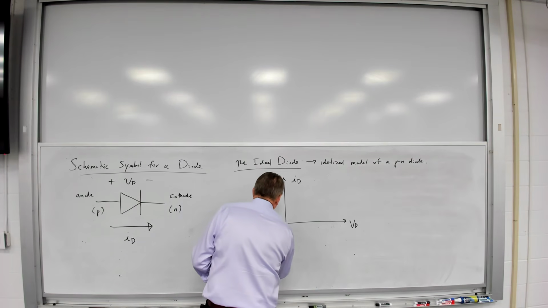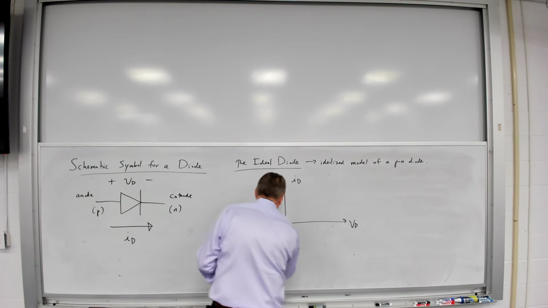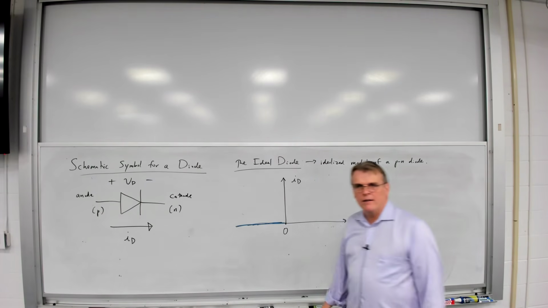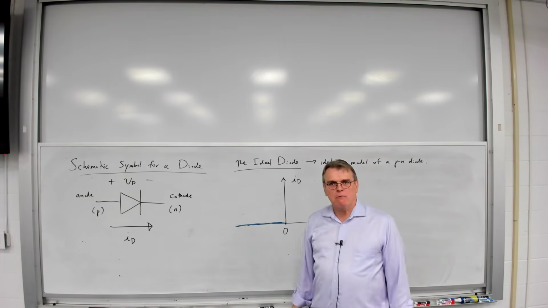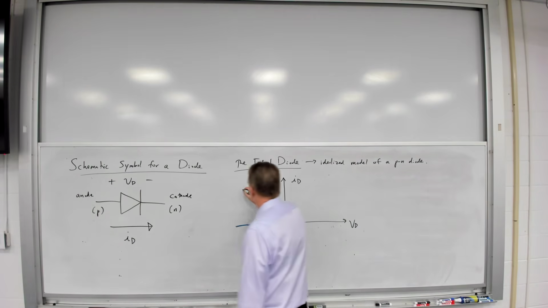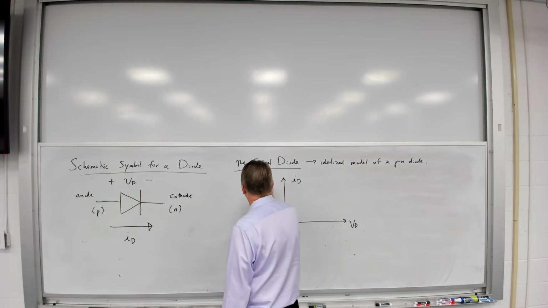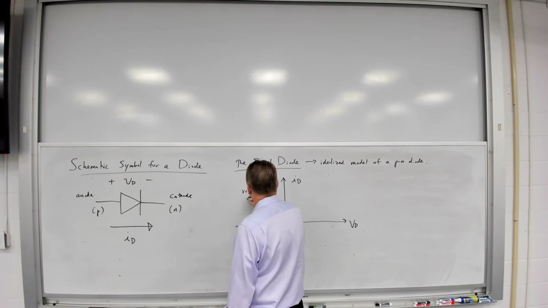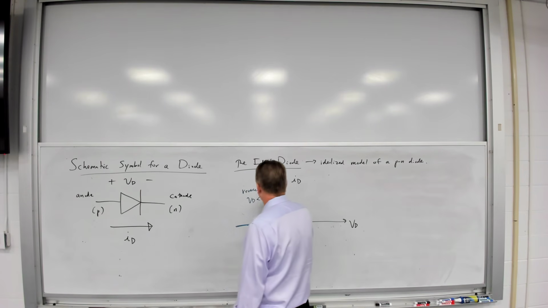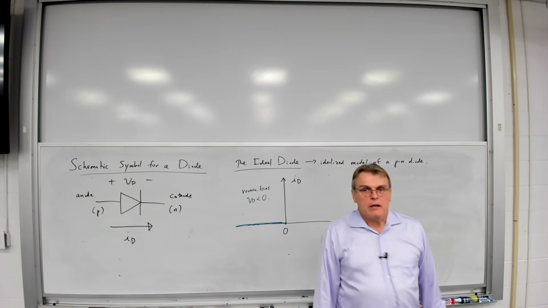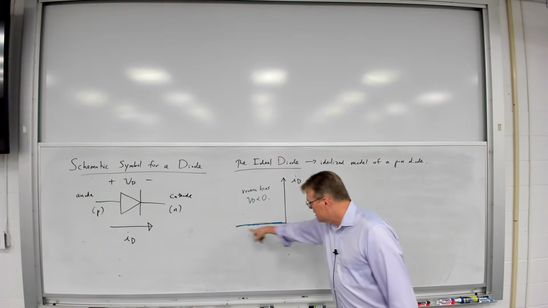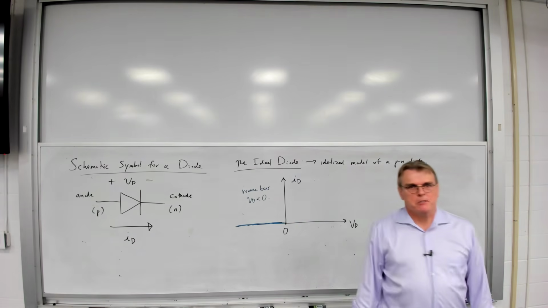If the voltage across the diode, VD, is negative, then this diode is going to be in reverse bias, and the current will therefore be equal to 0 for any amount of reverse bias.